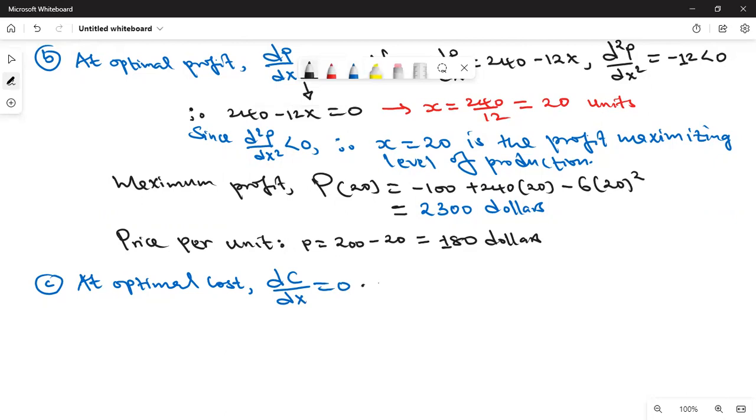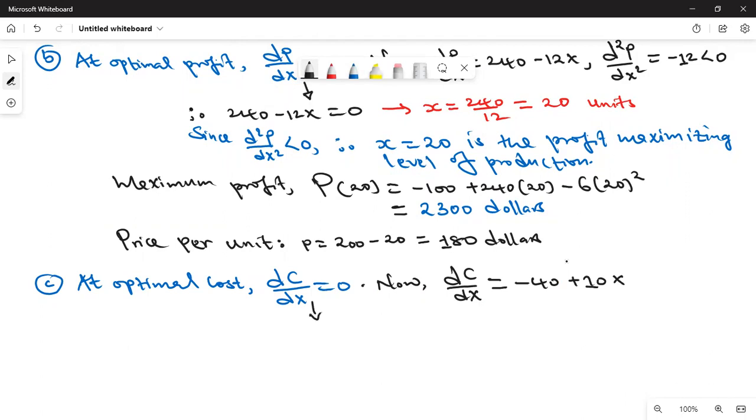So now, let's find dc/dx. Look at our cost function. Our cost function was 100 minus 40x plus 5x squared. When you differentiate that with respect to x, you get negative 40 plus 10x. So now equate this to 0.